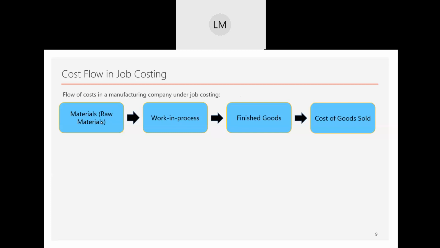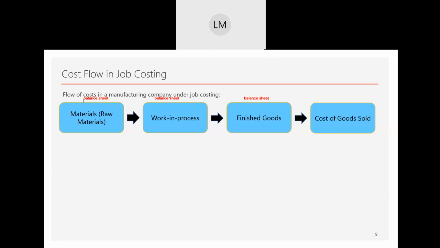So we're talking about balance sheet here, balance sheet, balance sheet, and then cost of goods sold.